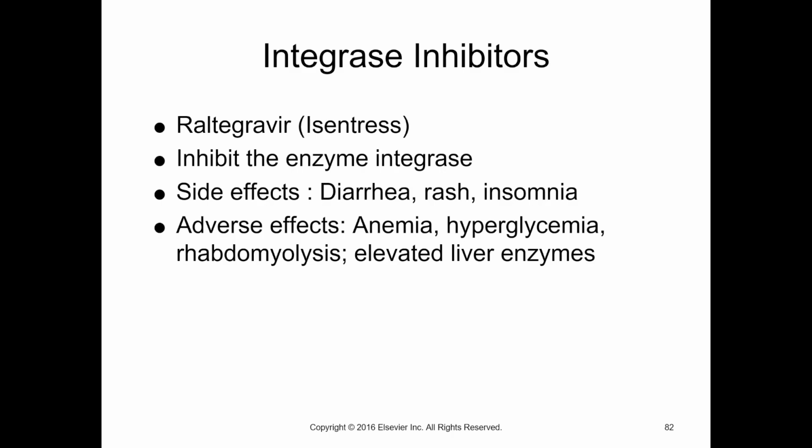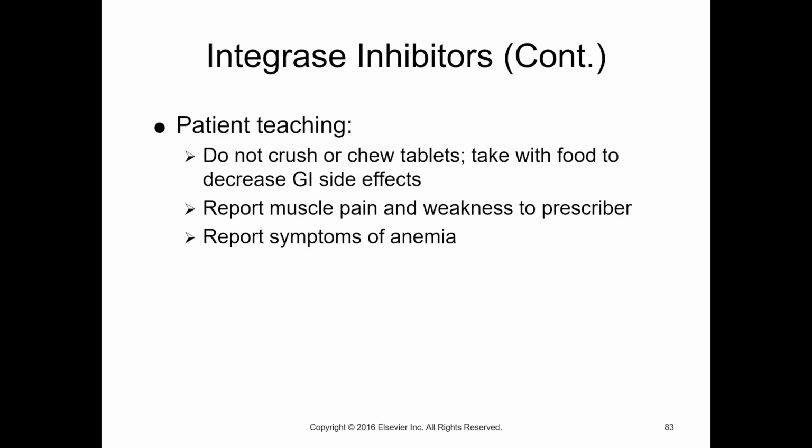Integrase has a somewhat complex function, so we won't dive too much into it, but the idea is you're inhibiting that enzyme, and that enzyme plays a major role in helping cause replication of the viral RNA, because it helps stop the RNA from being essentially integrated into the nucleus of our own cell.